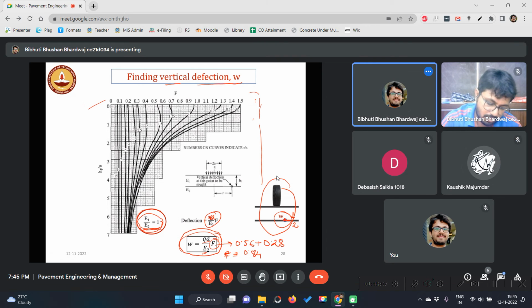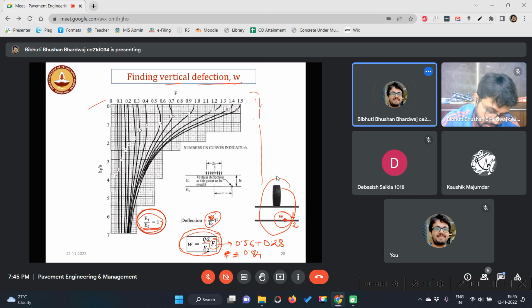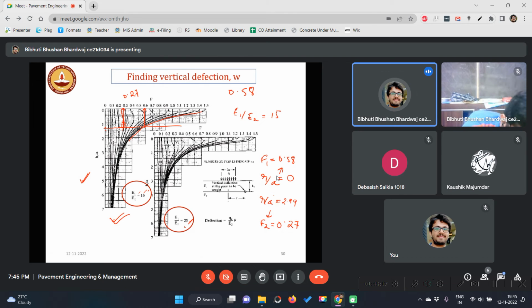Sir, how did you find out F from r by a? So using this chart, right, sir? Yes. Here, see, for this E1 by E2 equal to 10, h1 by a is 1.33. So I go like this.